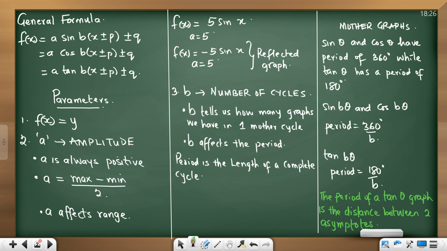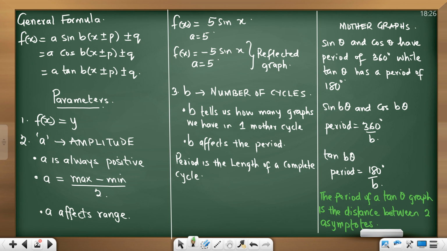So we are looking at all of these variables. We've looked at A. Now we are busy with B. Don't forget, B is the number. Sometimes examiners will ask you to find B. We will see how to get through that once we start looking at activities. B tells us how many graphs.